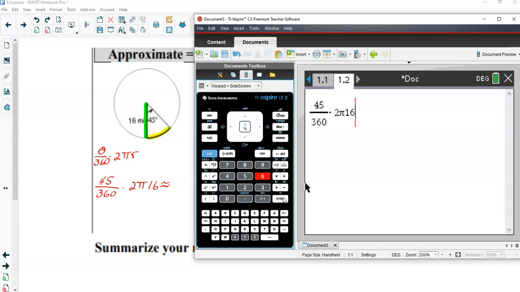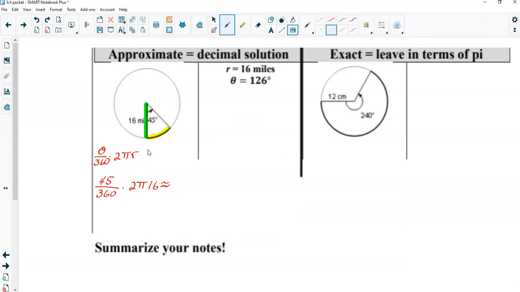And I put that on the calculator, and it gives me approximately 12.6, rounded to the nearest tenth. It's about 12.6 miles.